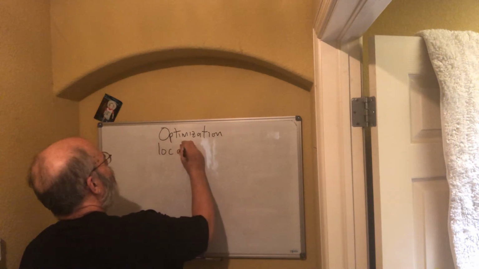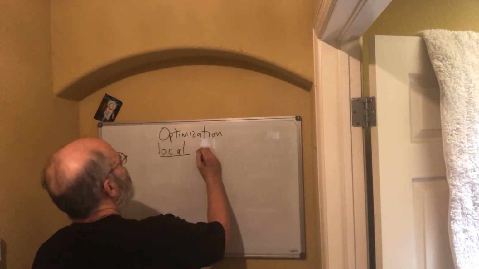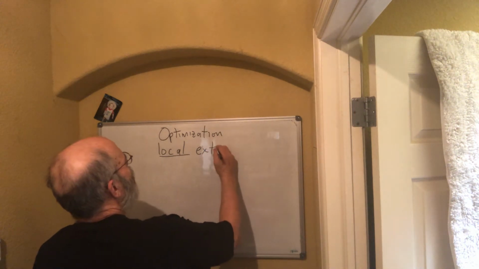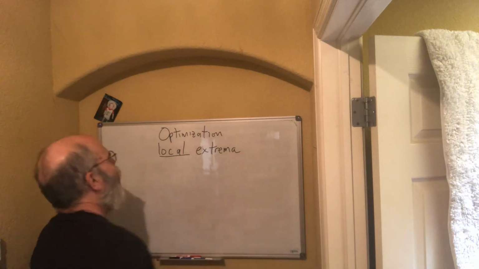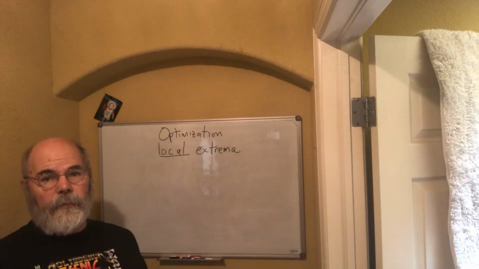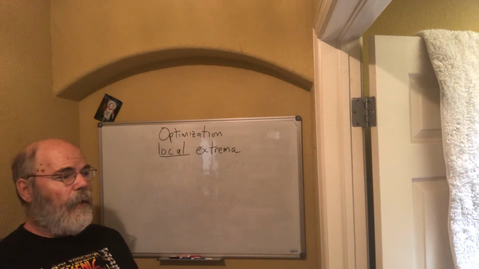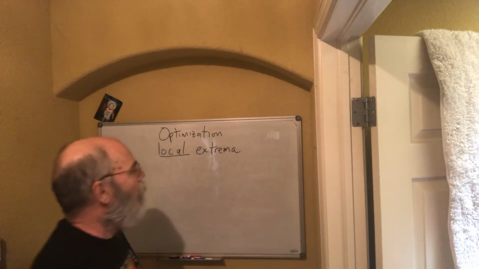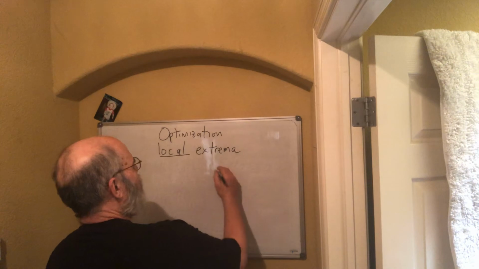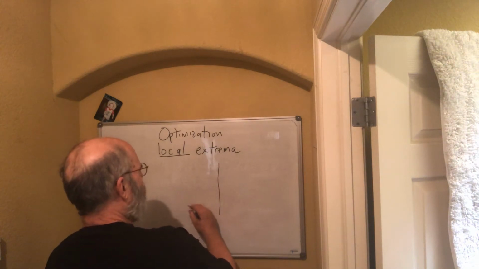I'm going to focus, I think, exclusively on local extrema. Okay, there's also the question of global extrema, which you guys might remember from 191. But the idea is, again, just to draw the picture.